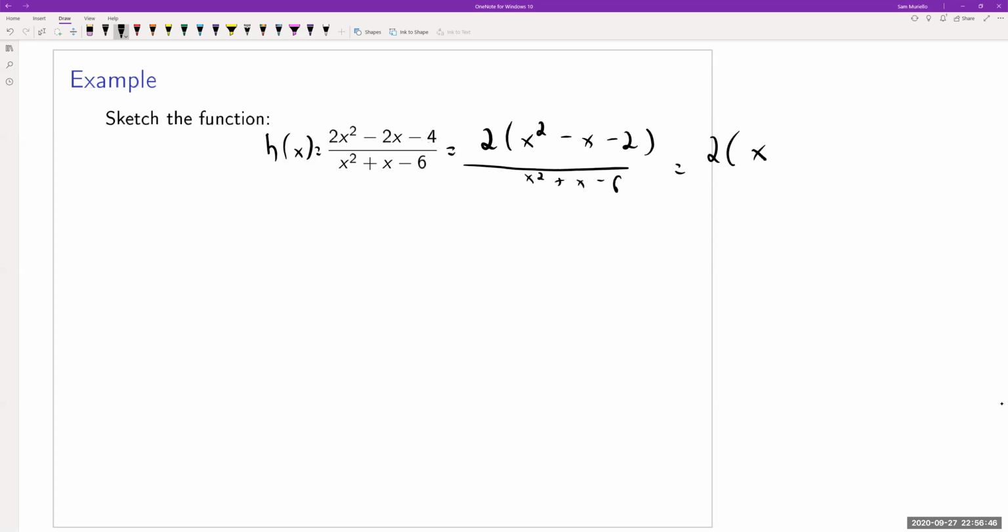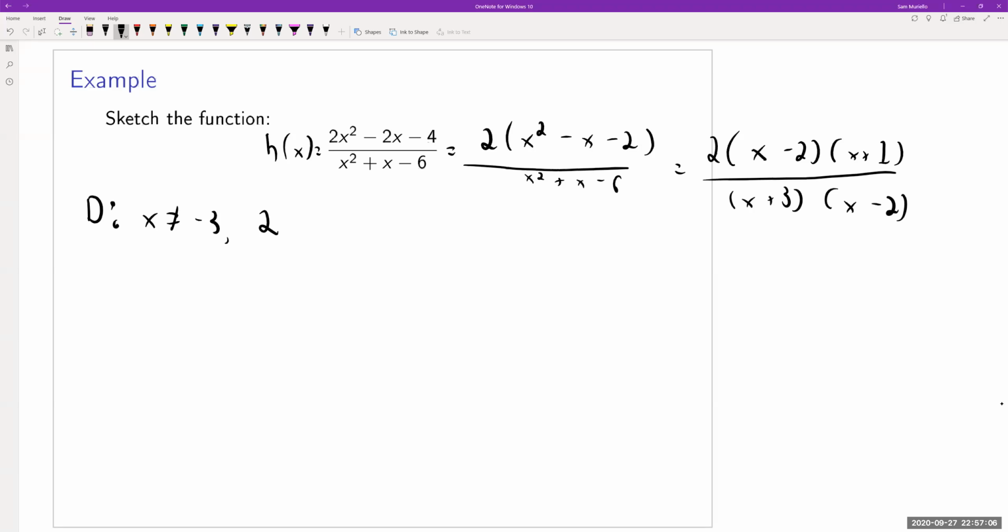So, x minus 2, x plus 1 over x plus 3, x minus 2. Okay, so for the domain, x cannot be equal to negative 3 or 2. We can say that this is negative 3 and this is 2.